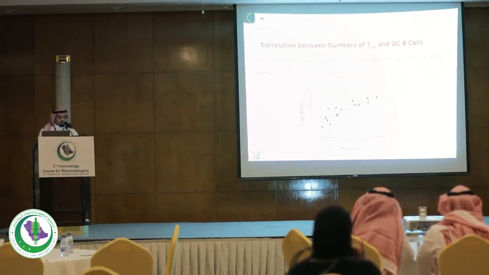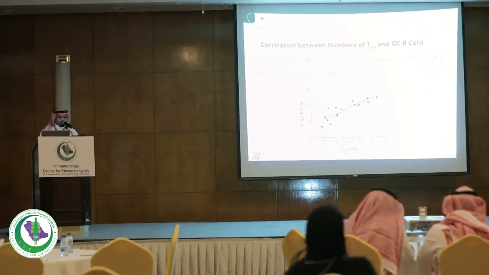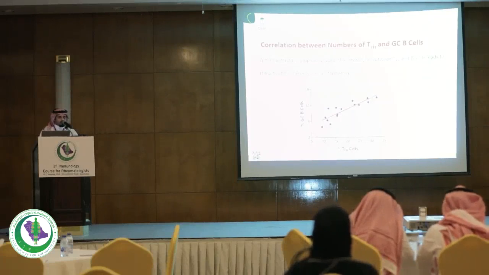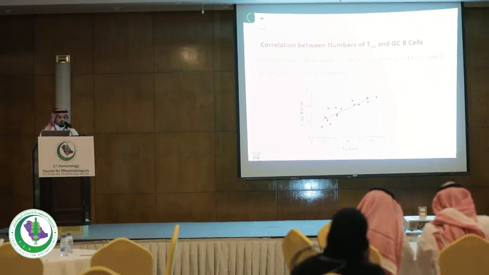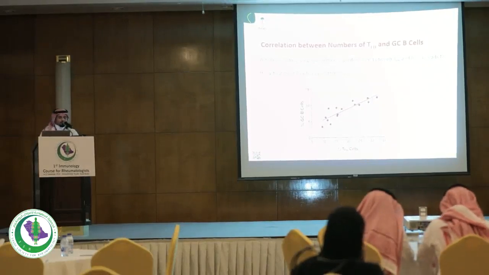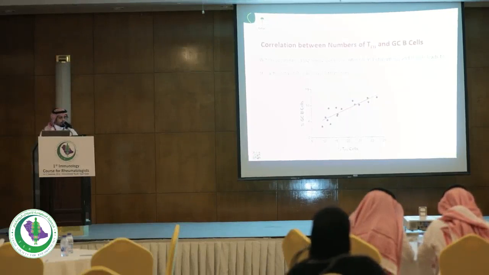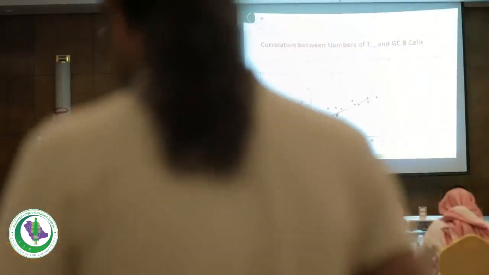It has been shown that T follicular helper cell numbers strongly correlate with the numbers of germinal center B cells, and this figure from a previous study shows that.